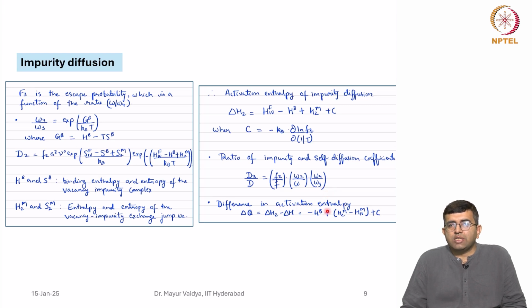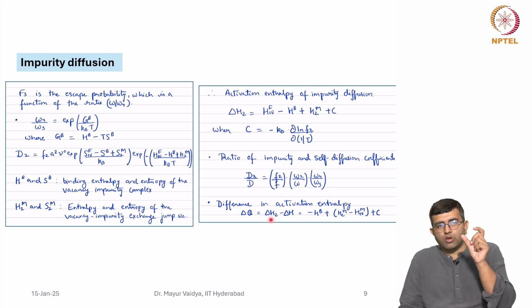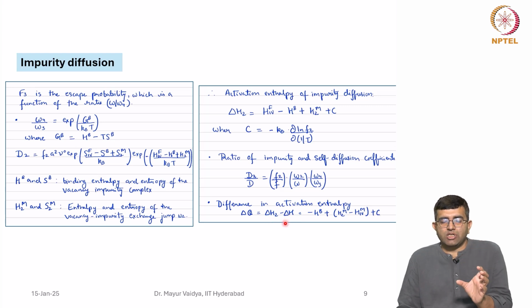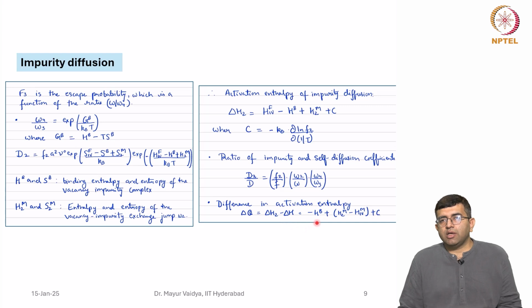And the difference in the activation enthalpy for the solute diffusion or impurity diffusion and the lattice diffusion or self diffusion, delta H, is equal to minus Hb plus H2m minus H1Vm plus C.